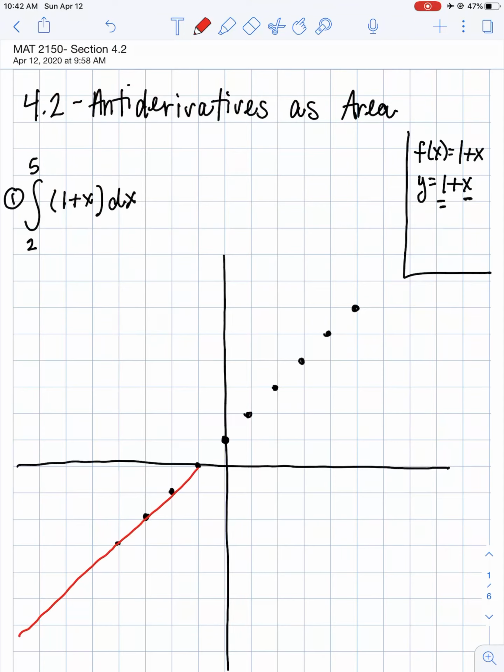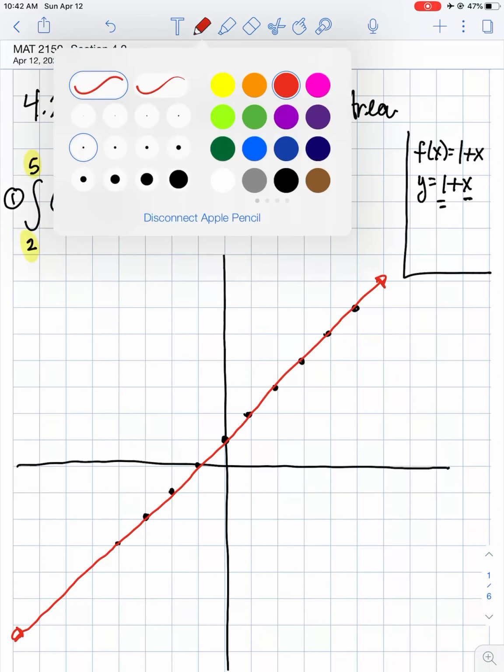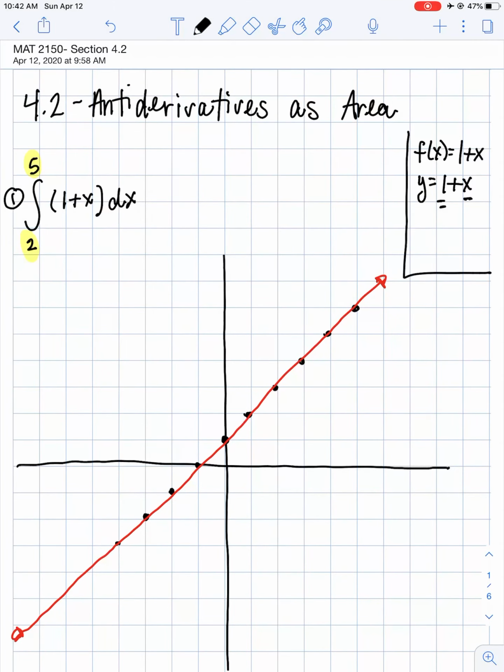I can also go down. And so I've got this little line, and I'm going to connect these ordered pairs. This is the line that I'm looking at. This particular problem wants us to focus on the interval from 2 to 5, guys.